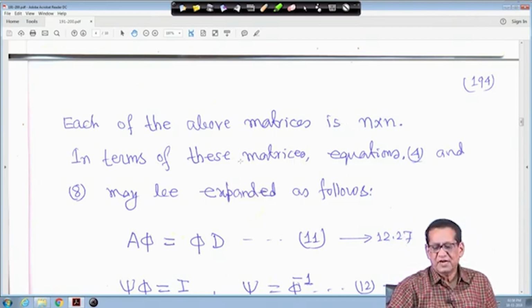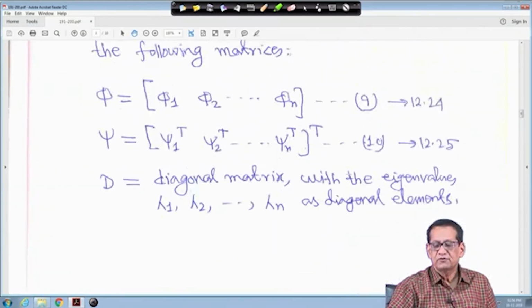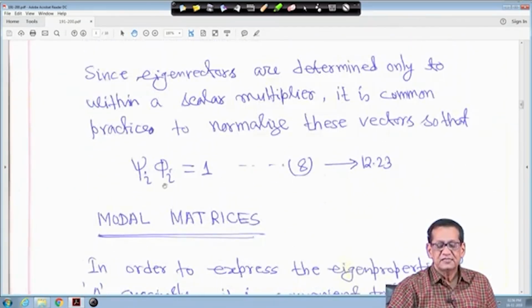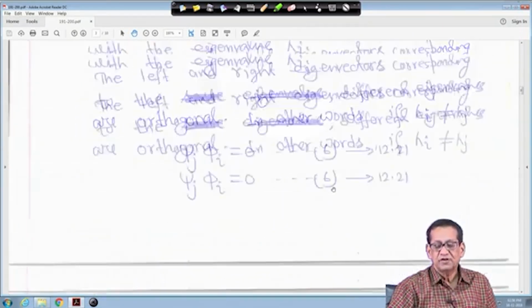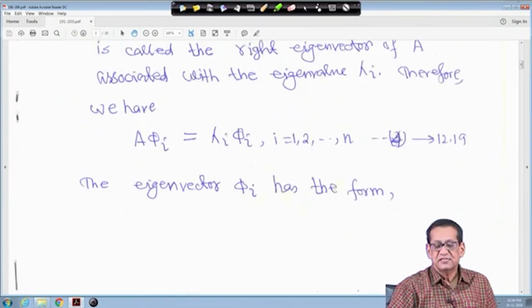In terms of these matrices, equations 4 and 8 may be expanded as follows. So you can write AΦ is equal to ΦD, from equations 4 and 8. If you go back to equation 8, this condition is satisfied, ΨΦ is equal to 1, and in equation 4, A φ is equal to λ φ.